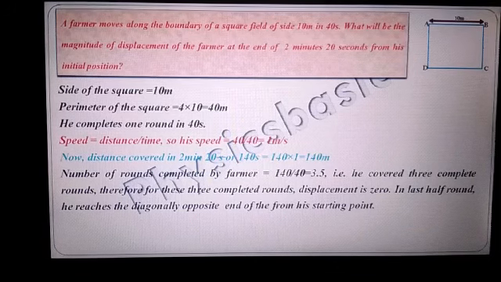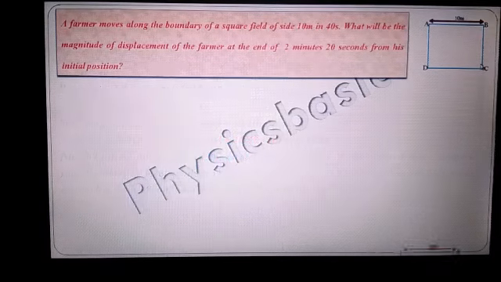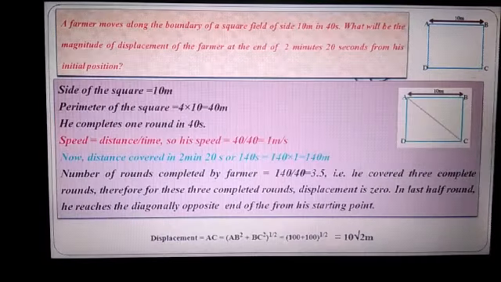But in the last half round, when he starts from point A and covers half the distance, that means he went to point C. Then the final point will be C. Again it becomes a triangle and we will use the Pythagoras theorem or the law of vector addition.